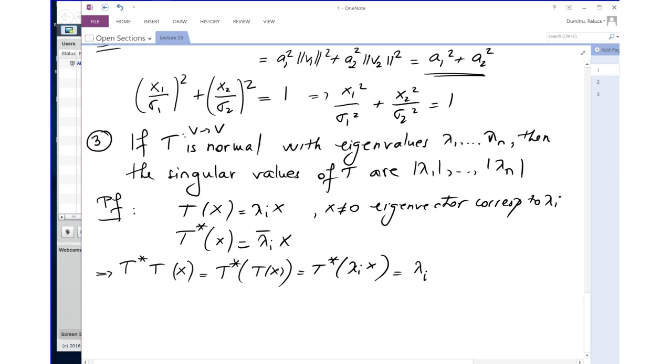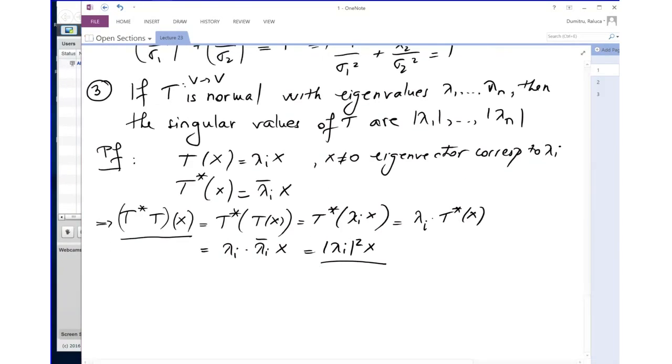which is, T star is linear, right? So lambda i, being a number, can be pulled out. So lambda i times T star of x. But T star of x is lambda i complex conjugate times x. So here it is: T star T applied to a non-zero vector equals the absolute value of lambda i squared times x.